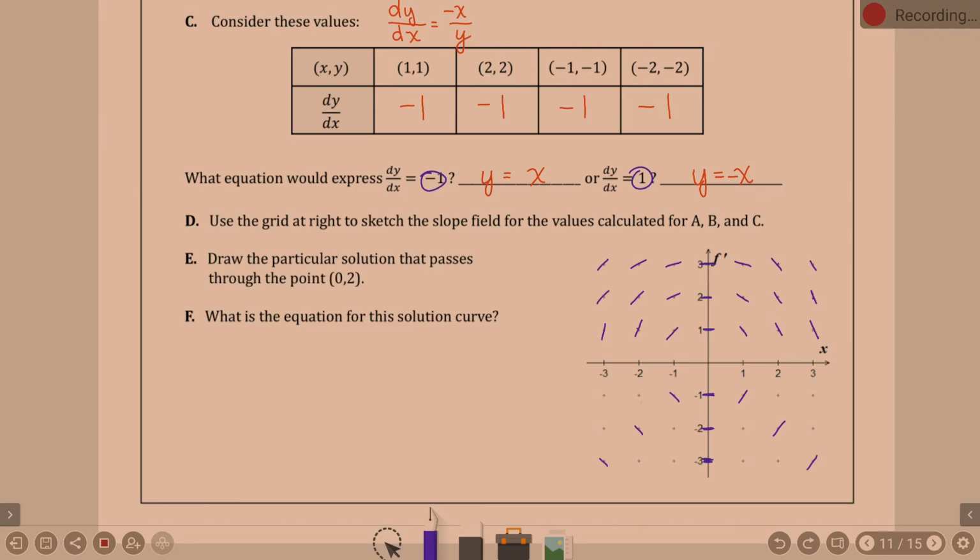We already have the signs, yes? So hopefully you're going with the same signs. 3 over 1 is going to be steeper. 3 over 2, less steep. 2/3, 2 over 3, less steep there. And we have 1/2 and 1/3.